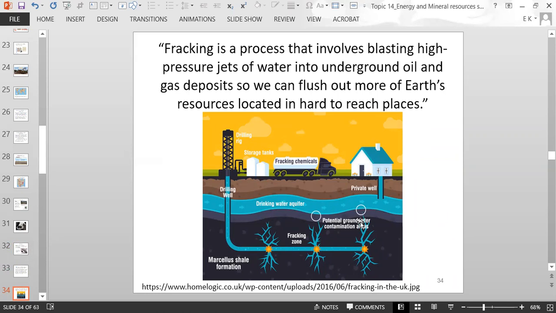Fracking is what you could also call it. There are photos of people who turn on their faucet, and if you light a match next to the faucet, it actually burns. Also, I've seen reports that fracking could potentially lead to very small earthquakes. And then you do have the risk of groundwater contamination with the fracking chemicals.